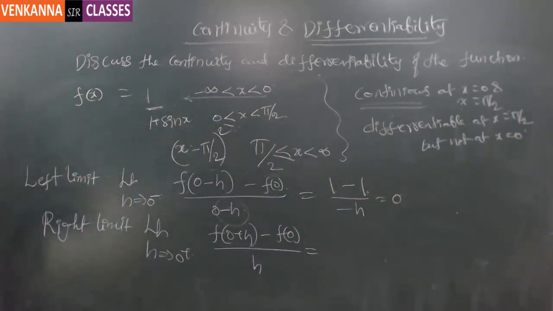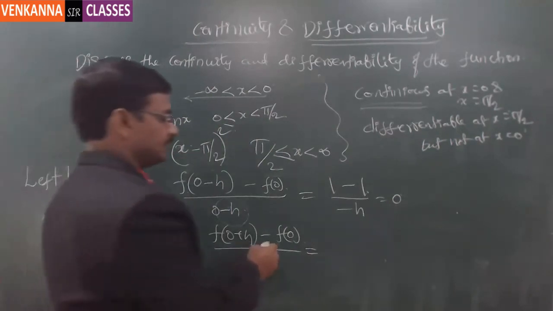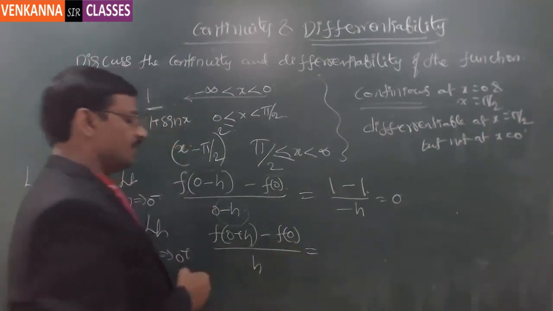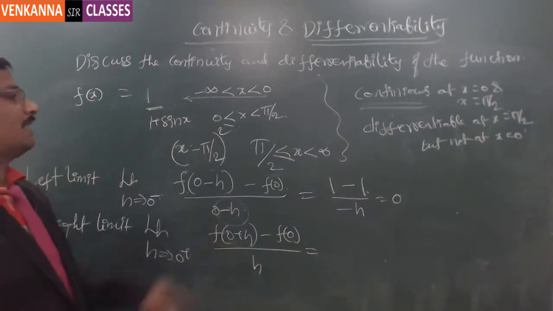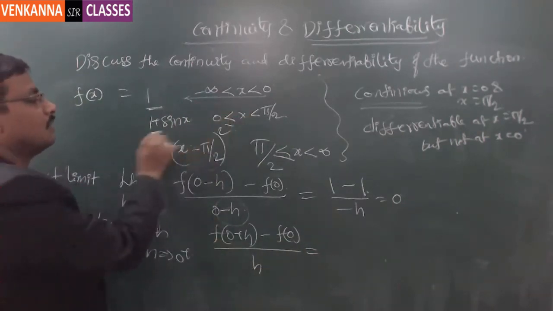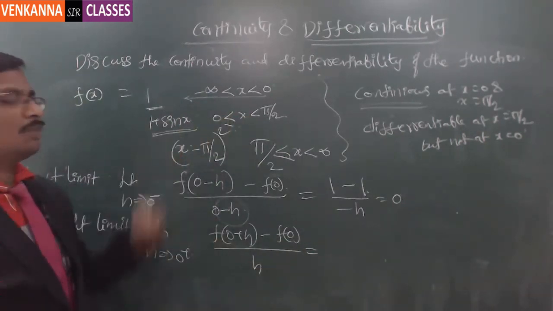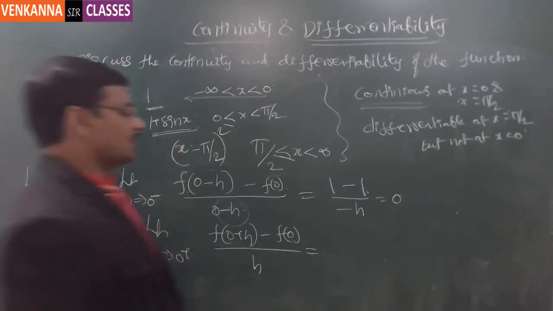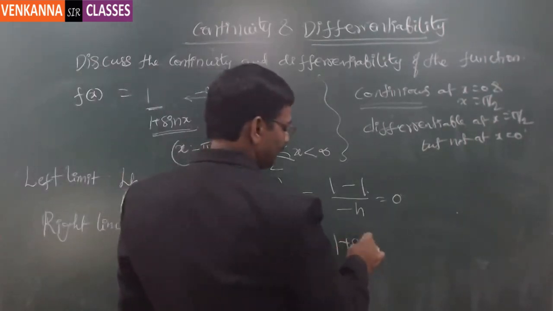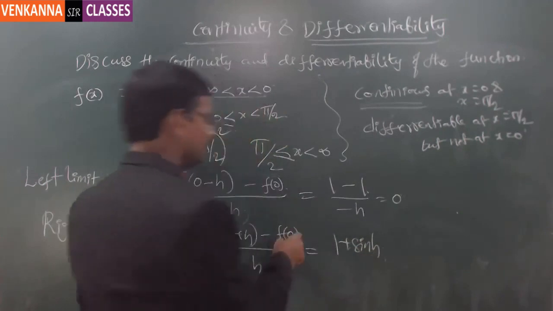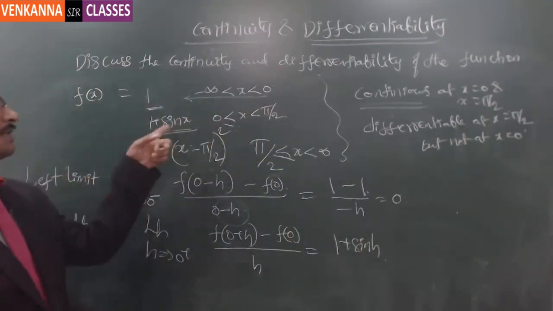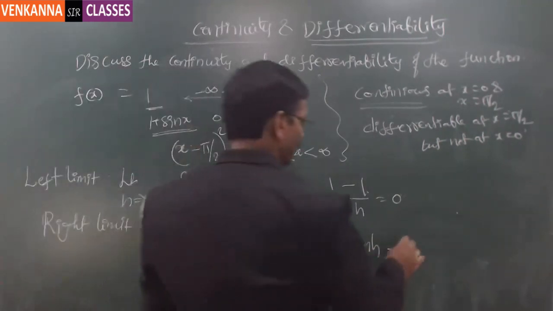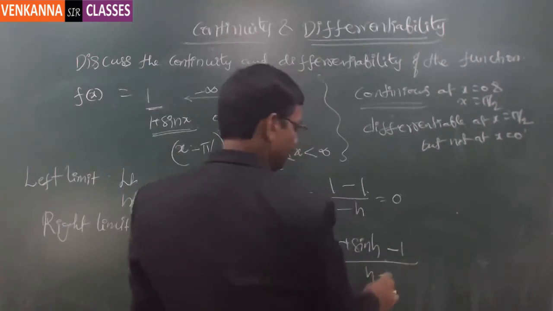And the right limit is limit h tends to 0 plus, f of 0 plus h minus f of 0 divided by h. Now 0 plus h, that is the right side of 0, is this function, that is 1 plus sin x. So 1 plus sin x is nothing but 1 plus sin h. And then f of 0, if you substitute 0 here, this will be 1, and then denominator h.